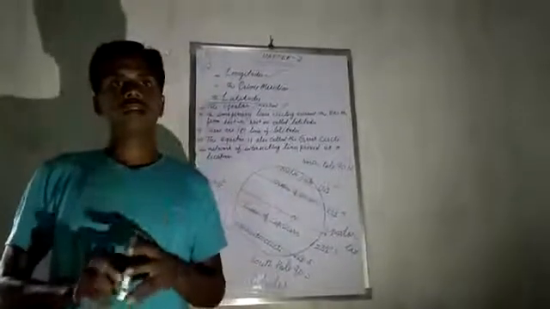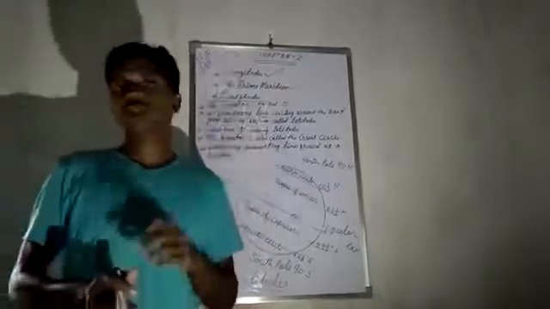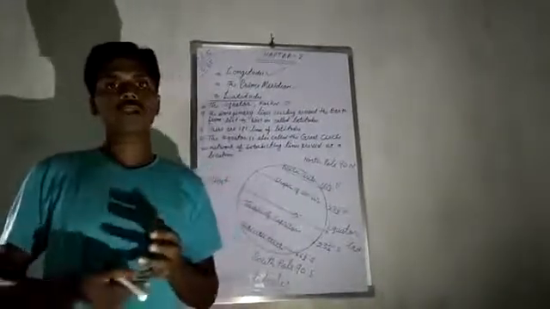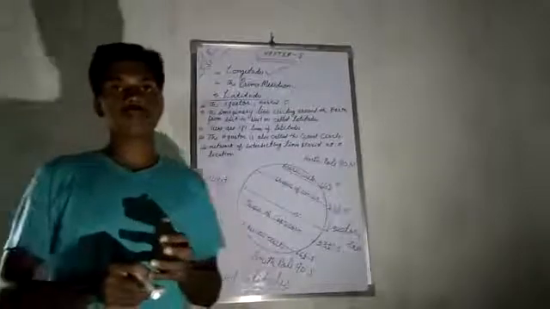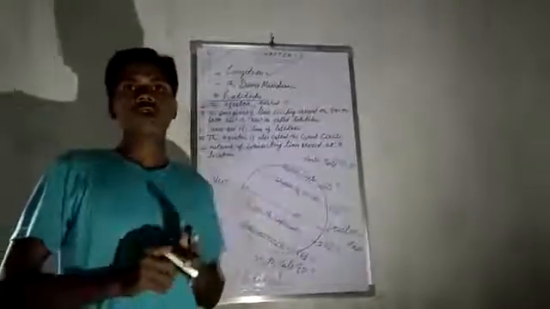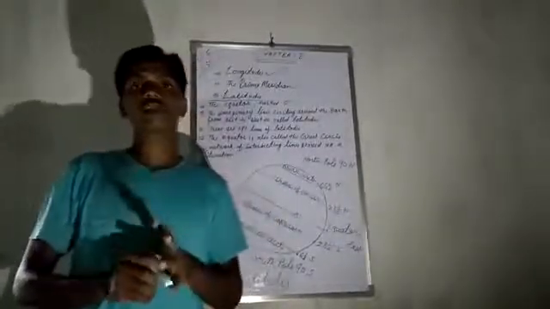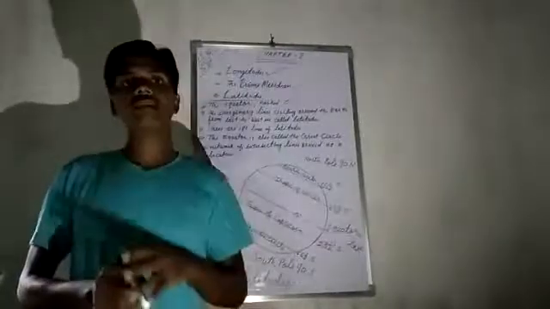The next point we are going to see is latitudes. It will be the last point of this chapter. To know about latitudes, first let us know about the equator.